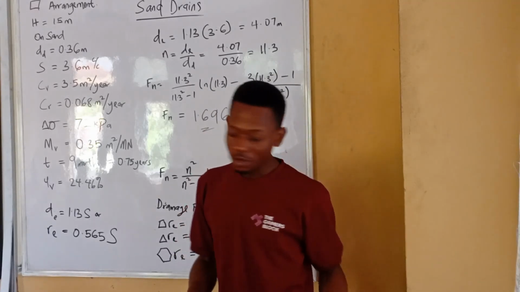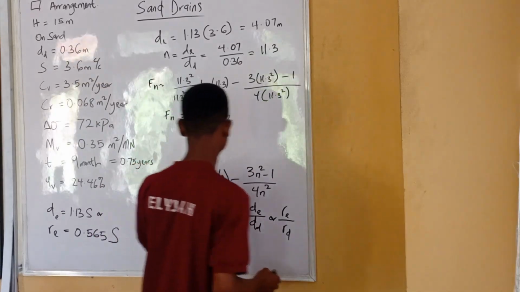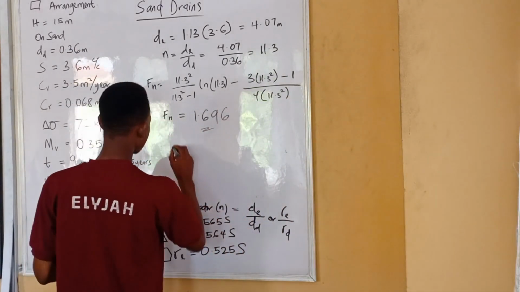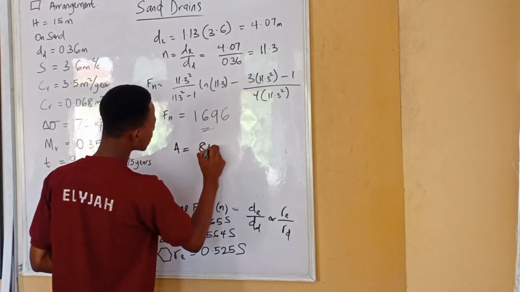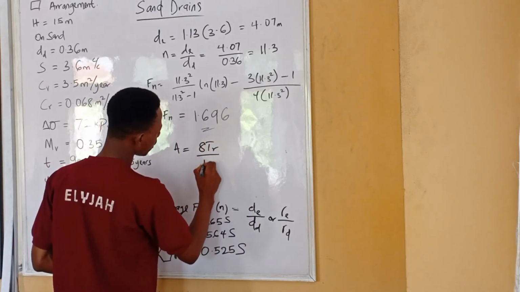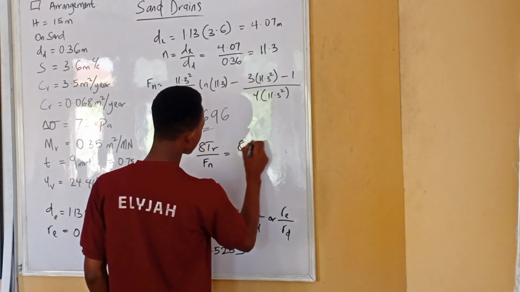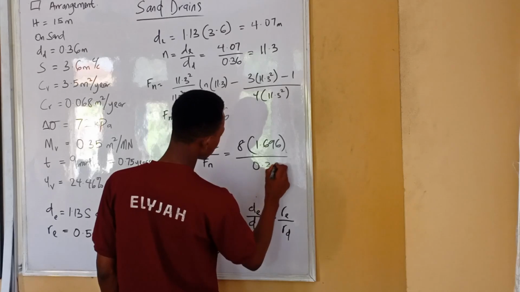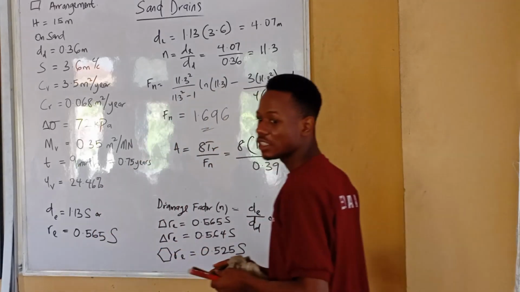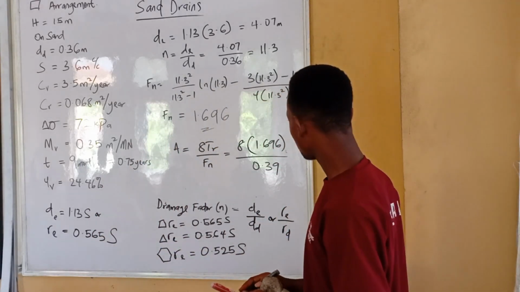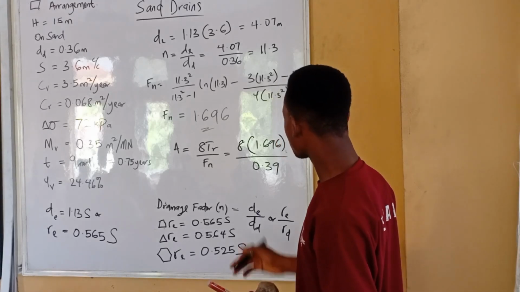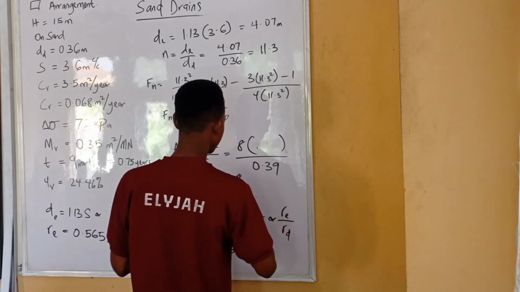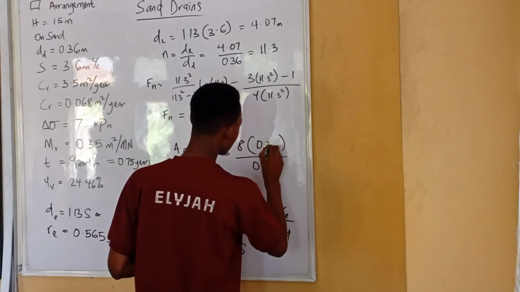Do you still remember the formula for A? Yeah. So our A is 8 TR divided by Fn, which is 8 times 1.696 divided by 0.339. What's our Fn? 0.39. Yes. Sorry, our CR is 0.39.